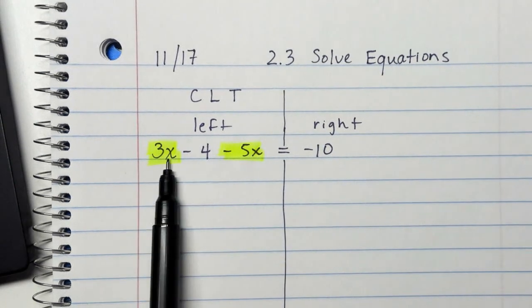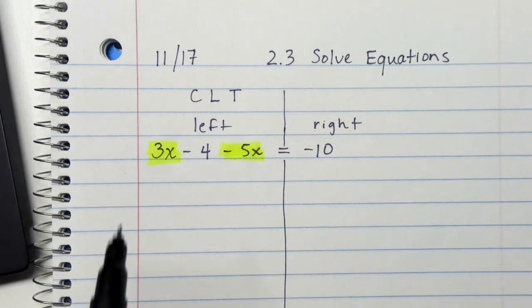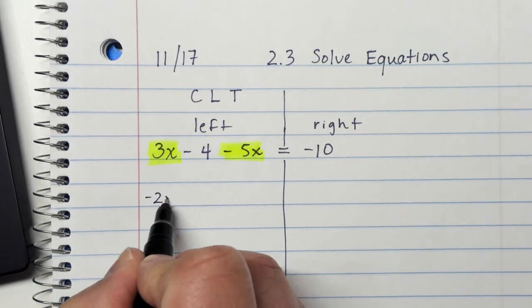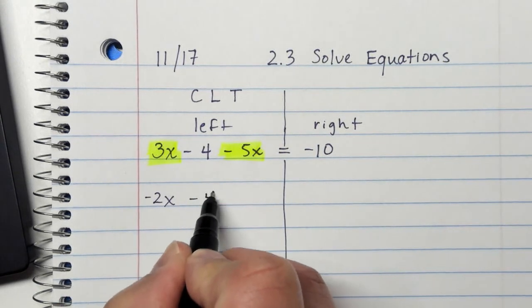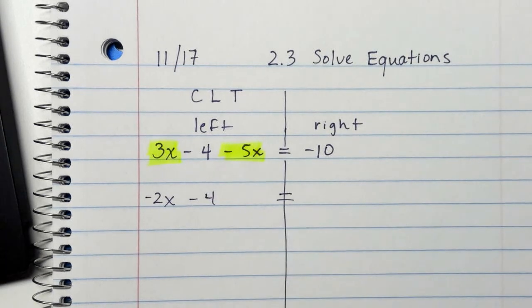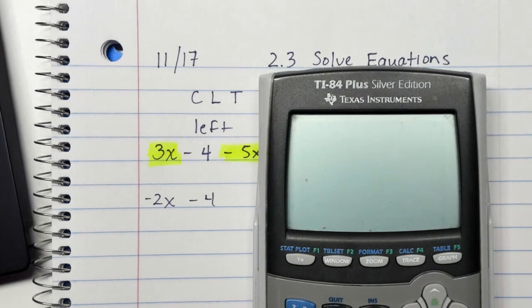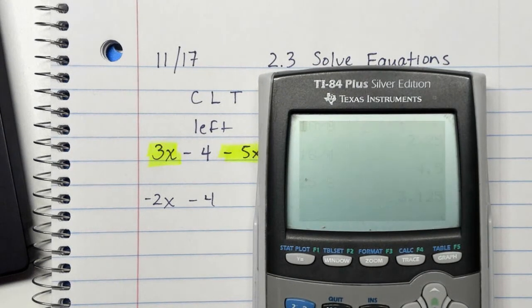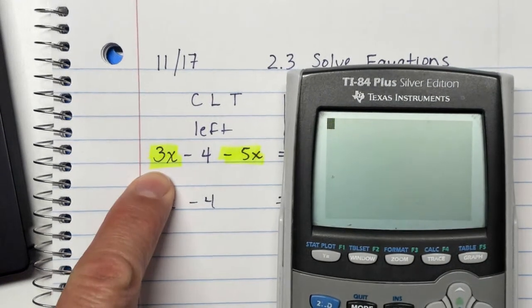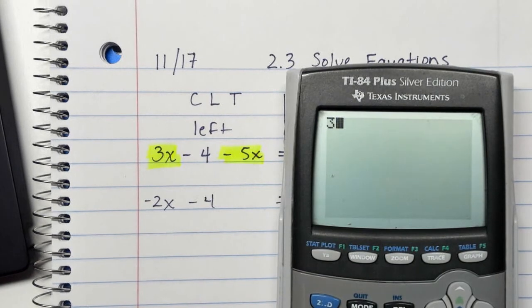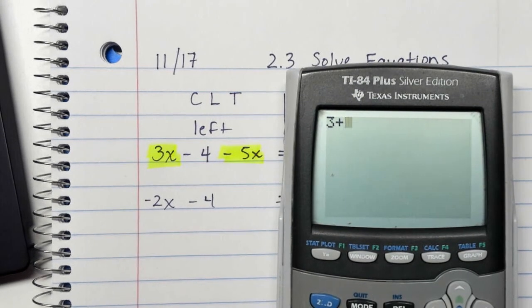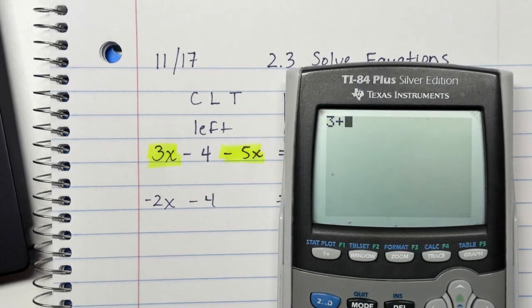So you add this with this, and you get -2x. -4 goes straight down, equal sign goes here, -10 goes there. You're not sure? Check it on the calculator. So, 3x, +3, combine means add, and then you got a -5.